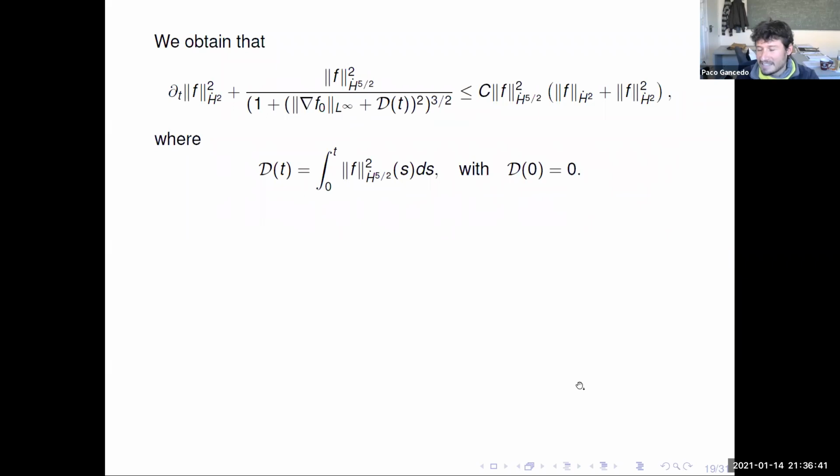So I plug this control of the L infinity norm into the equation I told you before, and I'm calling this dissipative thing fancy D of t, okay? And remember that this starts being 0, okay? Of course, what I'm going to do now is a kind of bootstrapping argument, so I need somehow regular solutions. So I'm going to regularize the system with a Laplacian, and I'm going to keep all the estimates that I have.